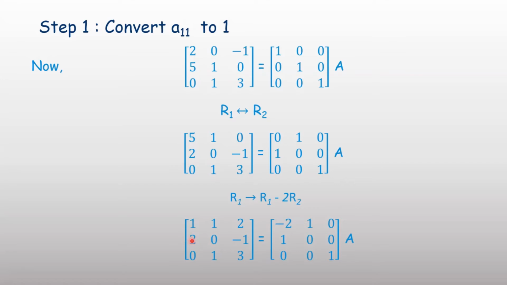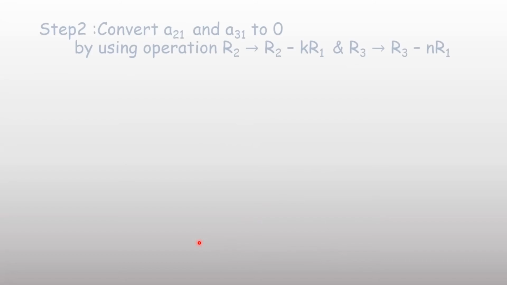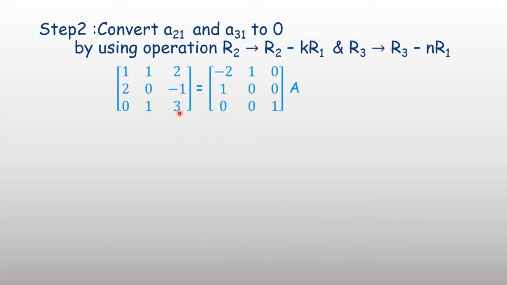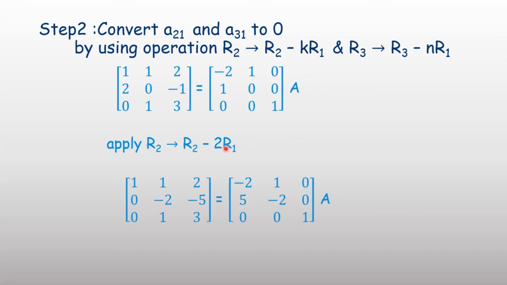The next step, as from the previous slide I have written this 1 1 2, you have to convert it to 0. So R2 replaced by R2 minus 2 R1. It implies there is a change in R2 only. R1 and R3 remain the same.